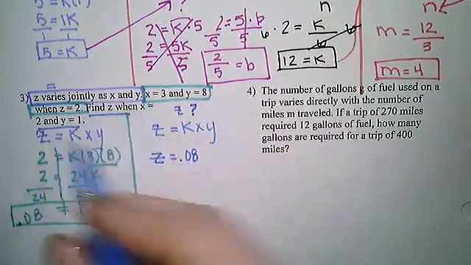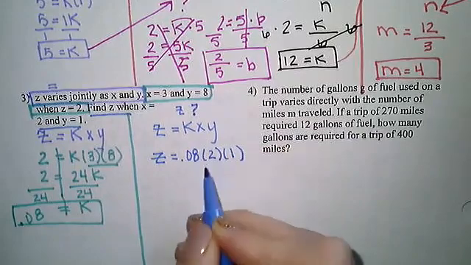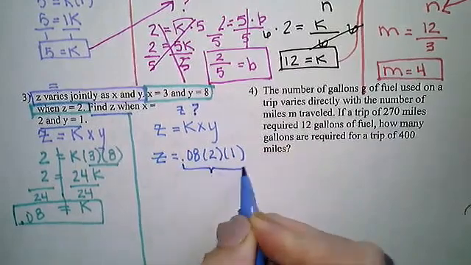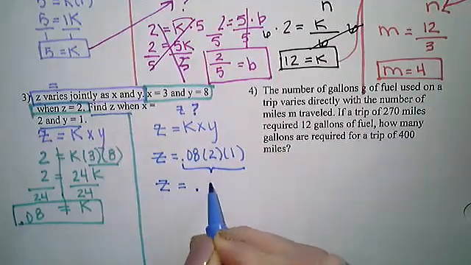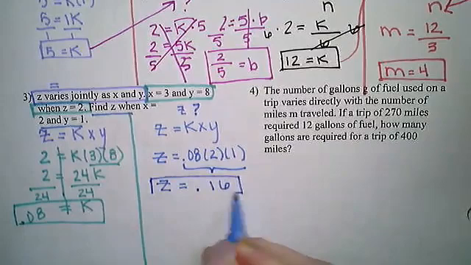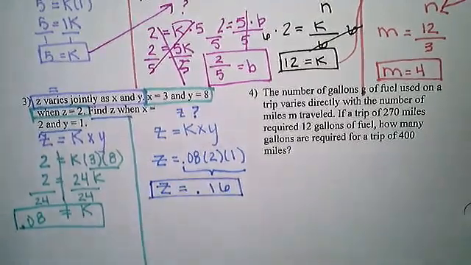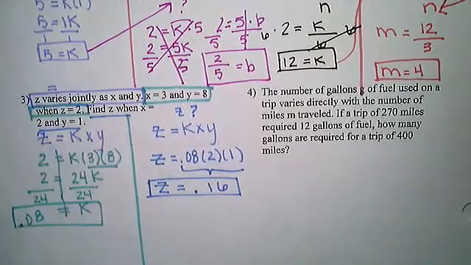But we know our x is 2 and our y is 1. So we'll plug those in. Since these are all side by side, we'll multiply, which turns out to be 0.16. So z equals 0.16 once we have our constant of variation and our 2 variables.